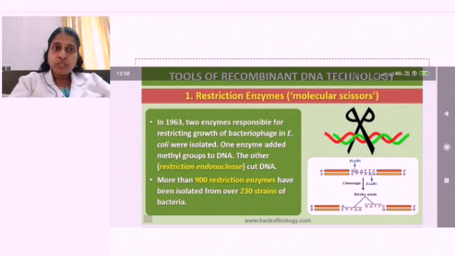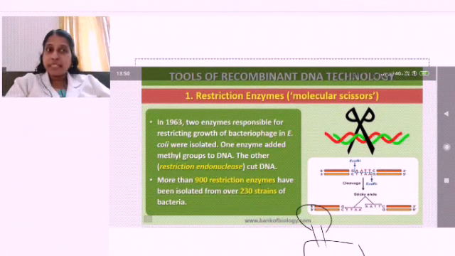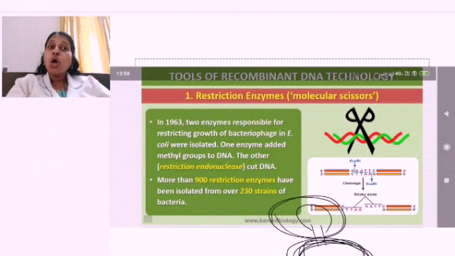What is a bacteriophage? Bacteriophage is a virus. Imagine this is a bacteria and the virus is going to attack this bacteria. In order to protect themselves from the bacteriophage, the bacteria produce 2 enzymes.